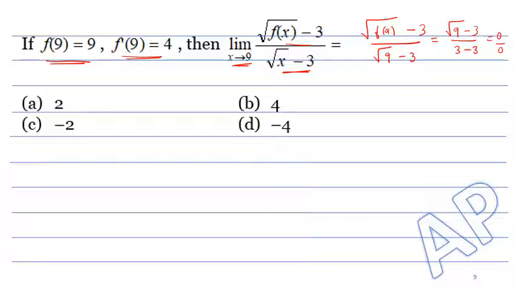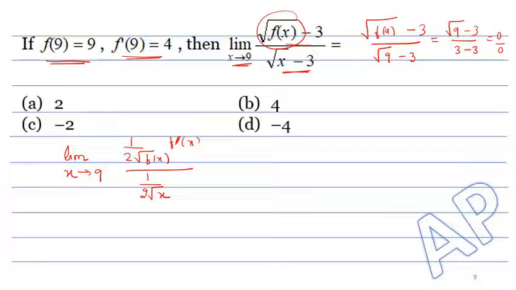Now we can apply L'Hopital's rule to evaluate this given limit, as it is taking 0 by 0 form. So limit as x tends to 9 of, when you differentiate root of f of x, you will get 1 by 2 root of f of x into derivative of f of x, divided by derivative of root x, which is 1 by 2 root x.